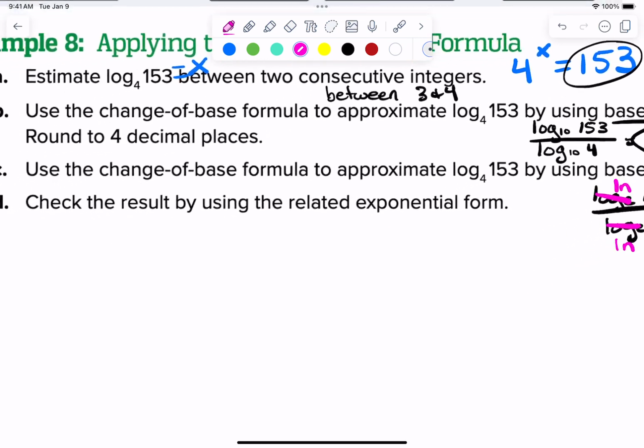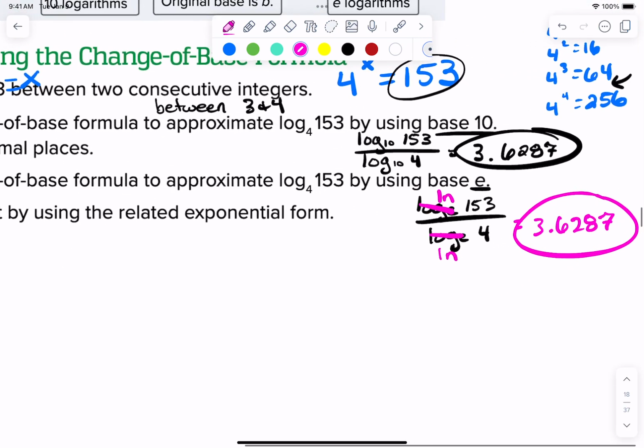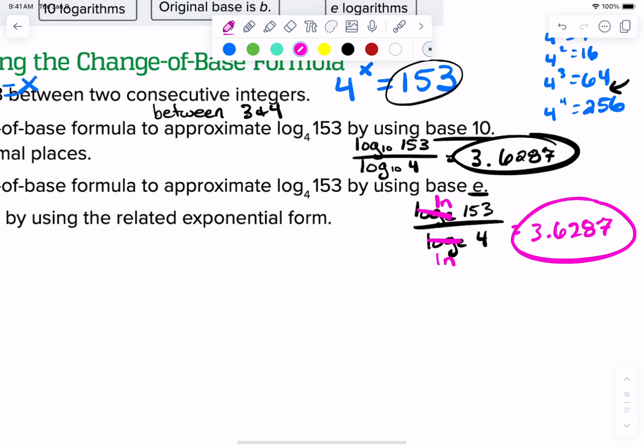Check the result by using the related exponential form. Take 4 to the 3.6287 power and see if you get 153.